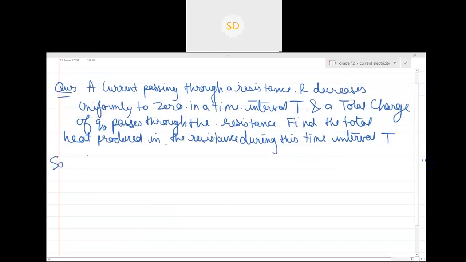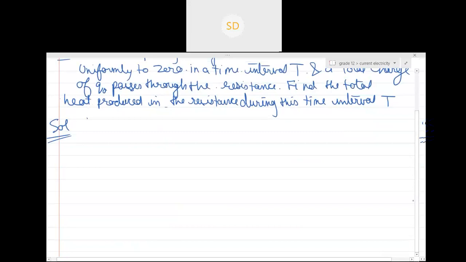See guys, first of all, whenever this type of question comes, lots of data is not given to you. If lots of data is not given to you, then what will you do? You will first start by drawing a graph. Let us say initially at t equals to 0. I'm drawing a graph for current versus time, right? So initially, let's say the current was I naught.